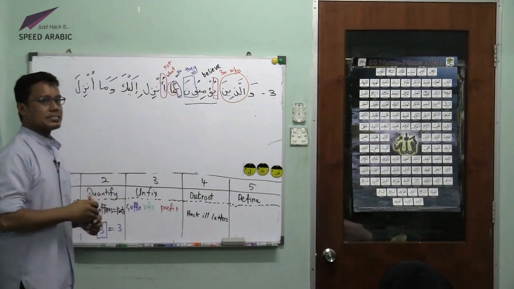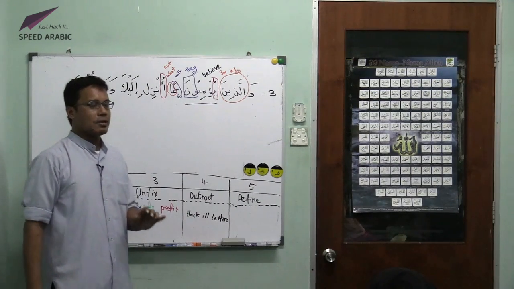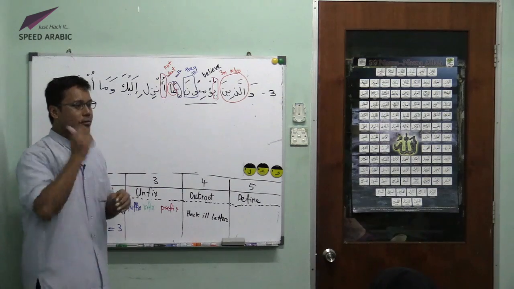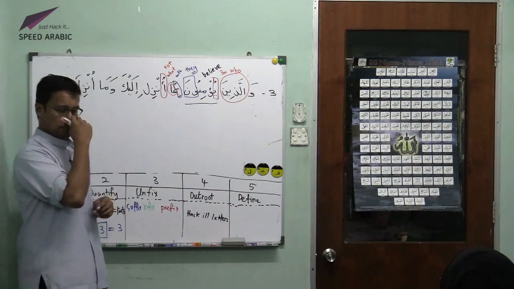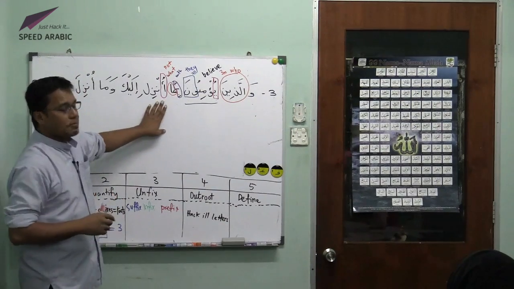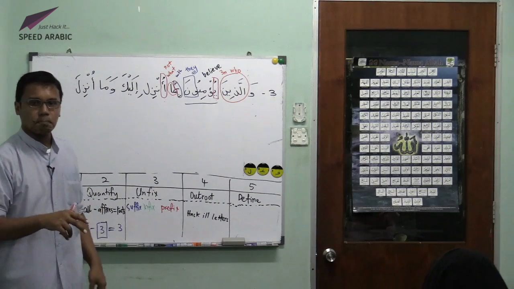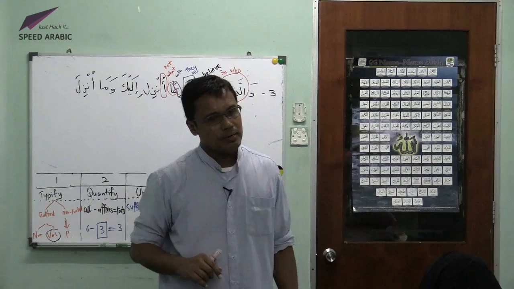Hamzah with damma. Okay, now you have to go a bit slower. Hamzah with damma can be at 2 places. Can you find where it is in the table?